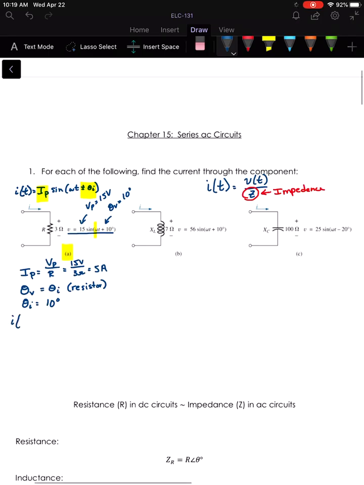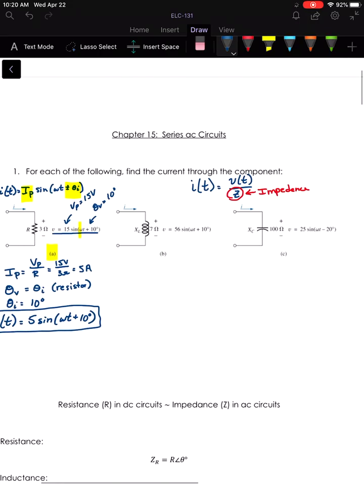So if we want to write the actual equation, that's going to be 5 sine omega t plus 10 degrees. And that would be the current waveform described in that diagram.